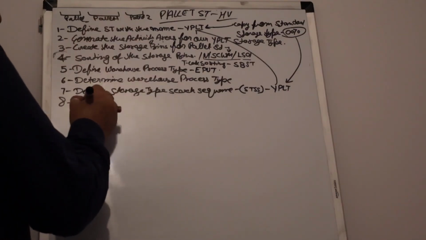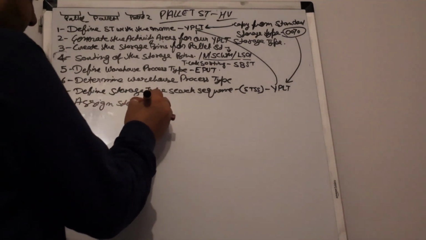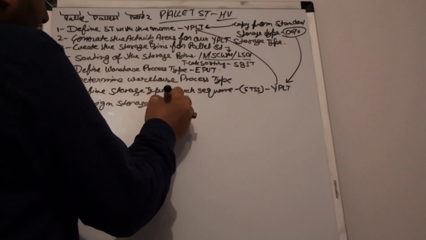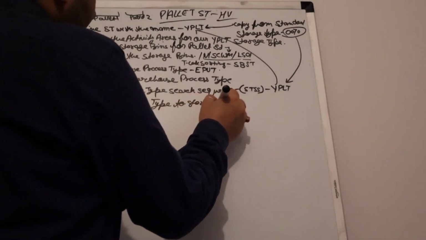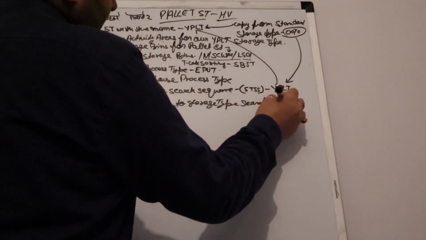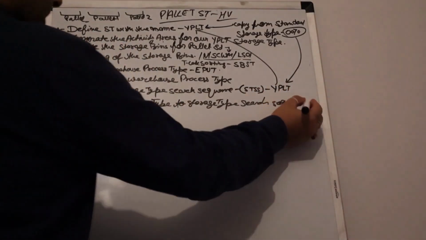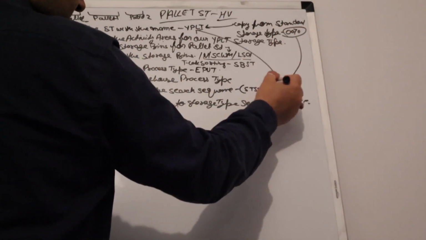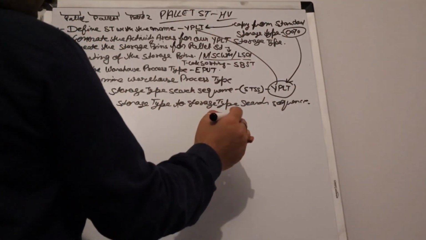Then we assign storage type to storage type search sequence. This YPLT is my pallet storage type, which I copy from the 0070.